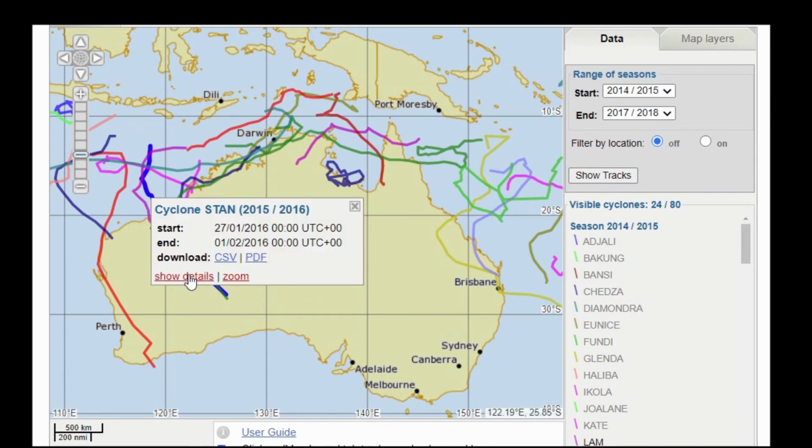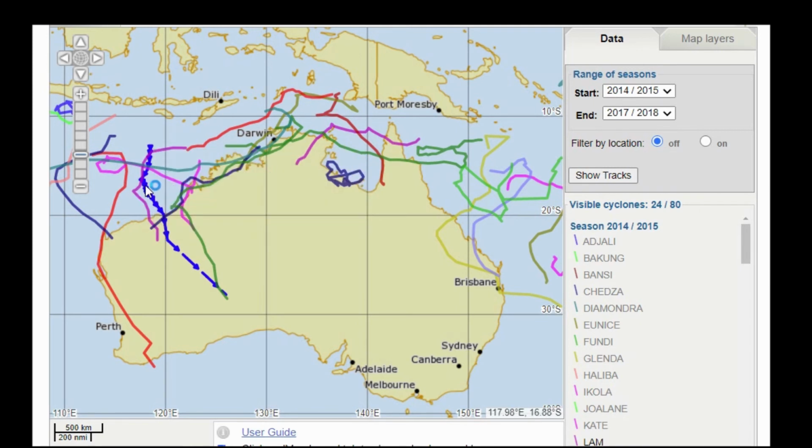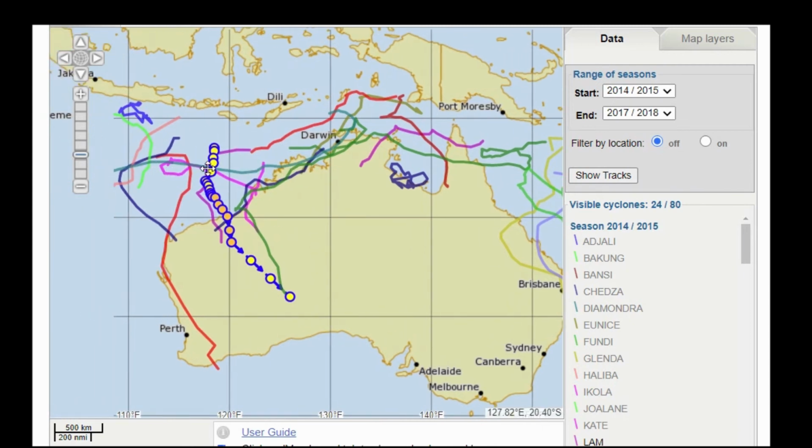And if we have a look at the details of it, what we can see is its path, and also what these yellow dots show is the change in air pressure. So up here, it's a bit annoying, move it over that way, there we go.